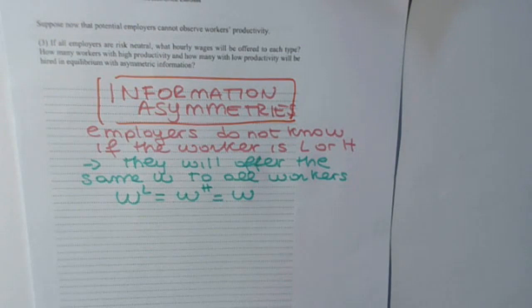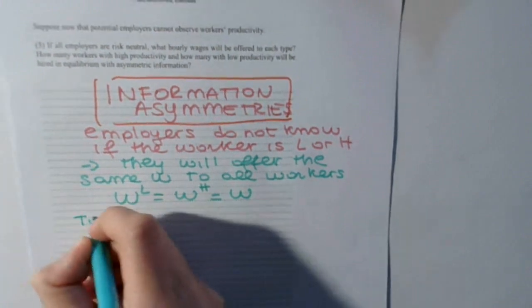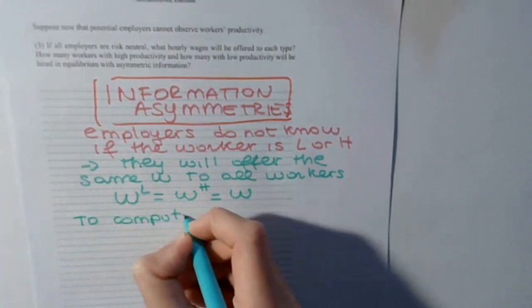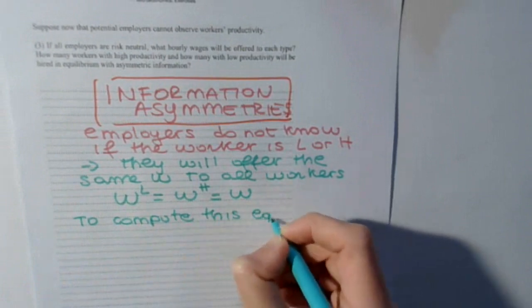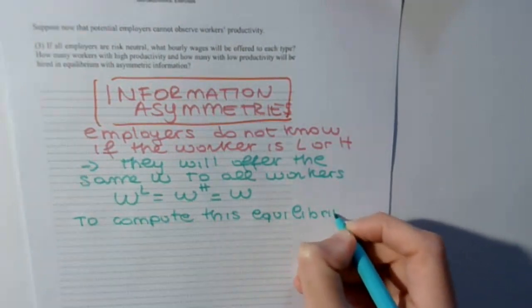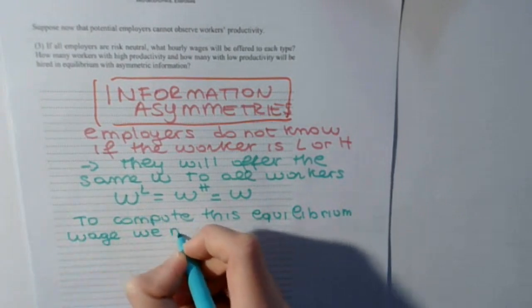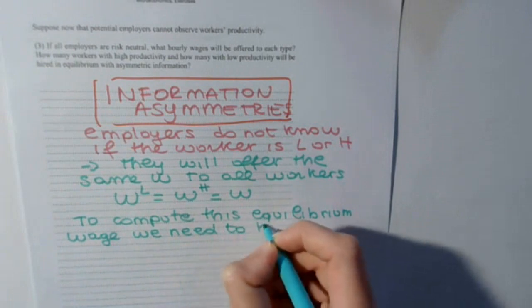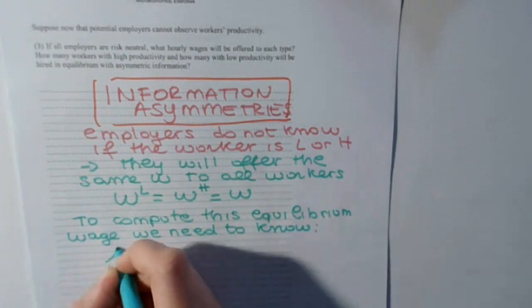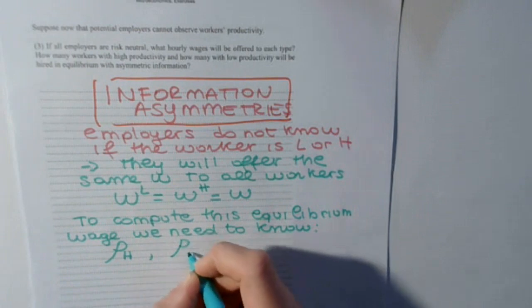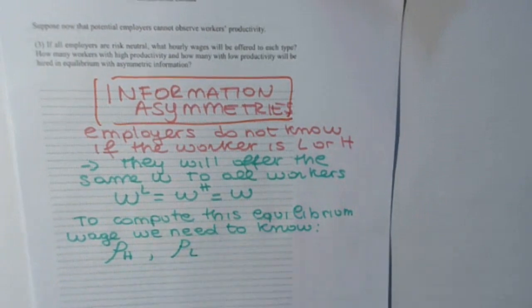So we need to find the probability that the worker will be H and the probability that the worker will be L. Okay, so to compute this equilibrium wage, we need to know the probability of the worker being H and the probability of the worker being L. Otherwise, we cannot compute this average.